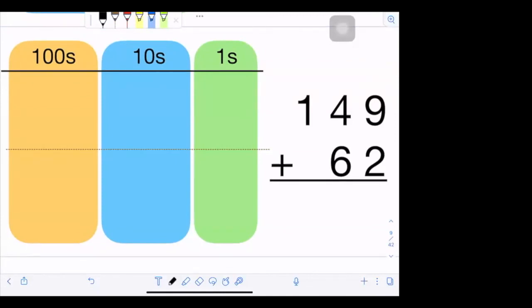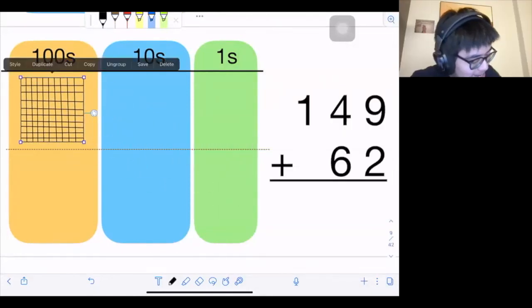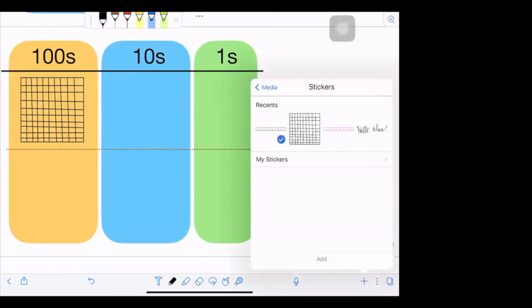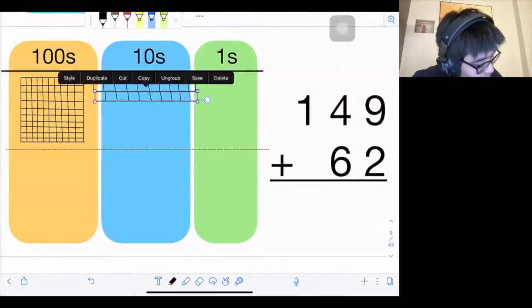Yung 100, sir, ilalagay natin dito sa 100's place. Okay. And then yung 4 po sa 10's place, 4 na 10. Sige po.